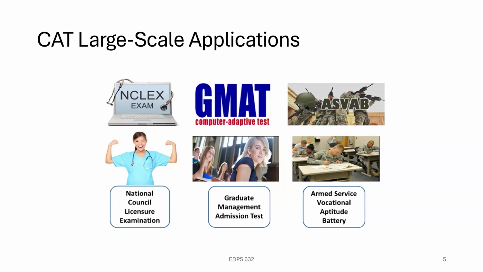We have all kinds of national council licensure exams, like nurse licenses, teacher licenses, and all kinds of professional licensure exams. And we also have the military enlistment exam called the Armed Services Vocational Aptitude Battery, ASVAB. These tests are large-scale applications of computerized adaptive testing.